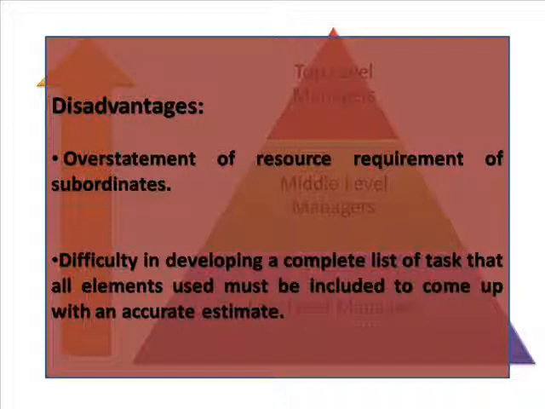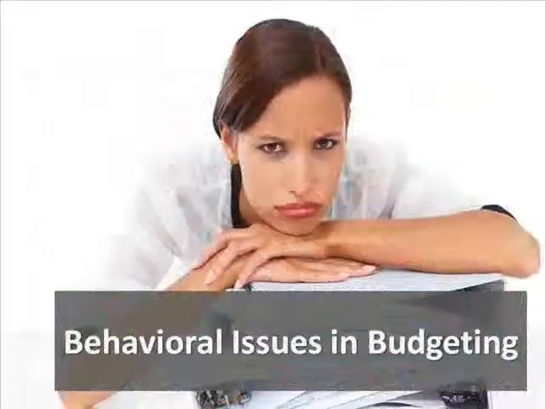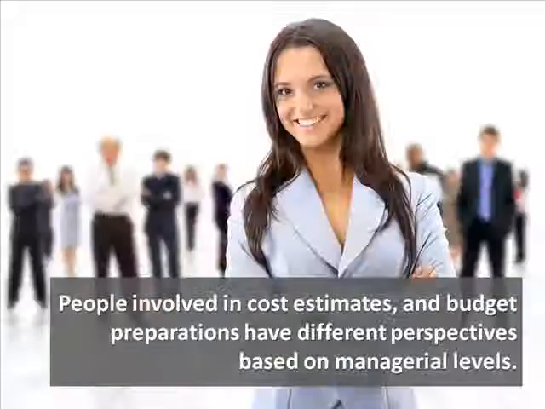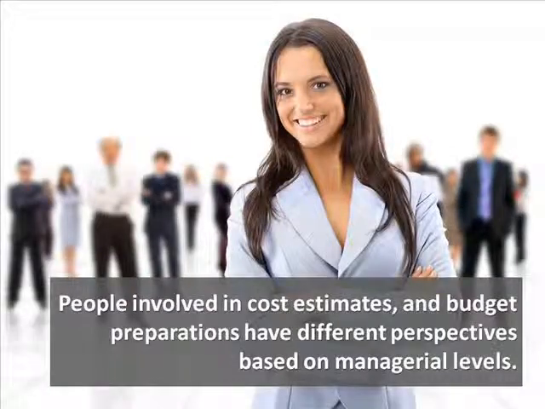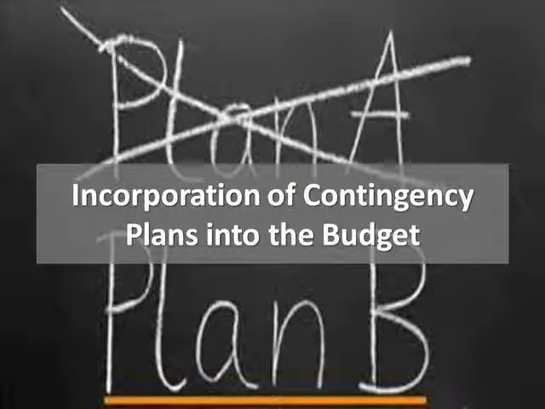Now, aside from the two approaches, project management will have to contend with behavioral issues in budgeting. Okay? So, people involved in cost estimates and budget preparations have different perspectives, which are also based on managerial level. Now, there are issues also like the incorporation of contingency plans into the budget. Okay?